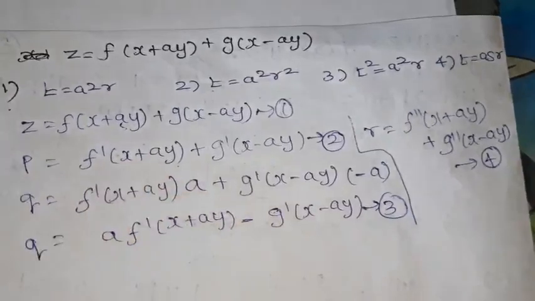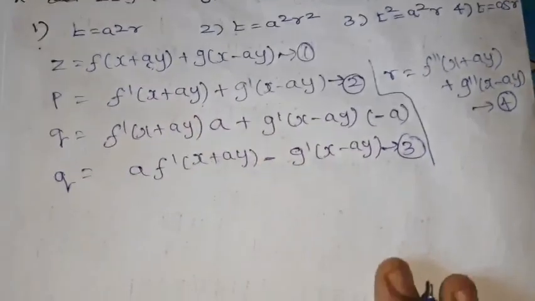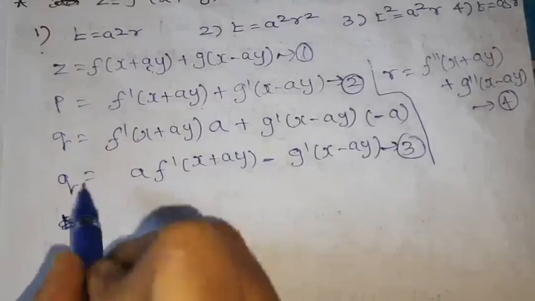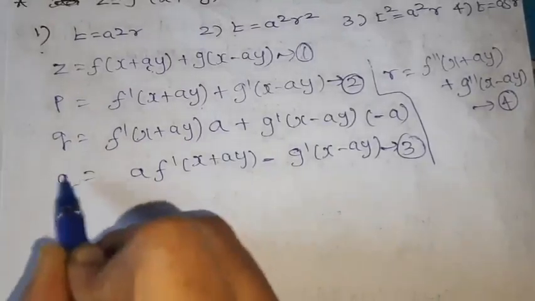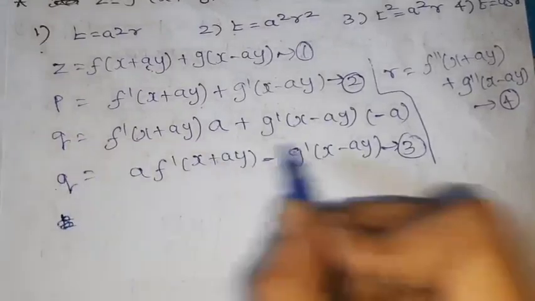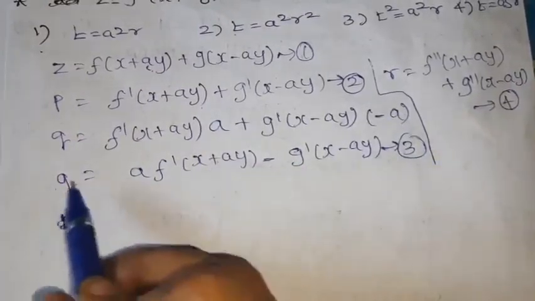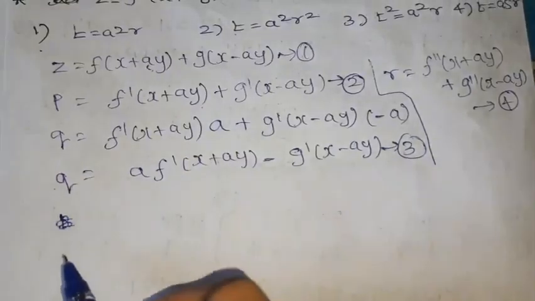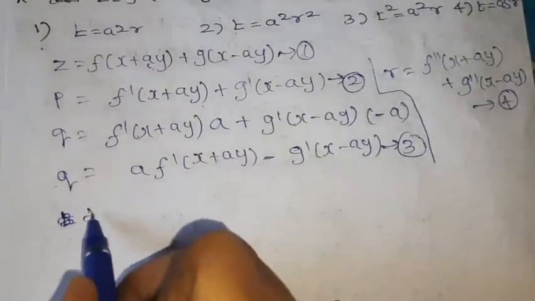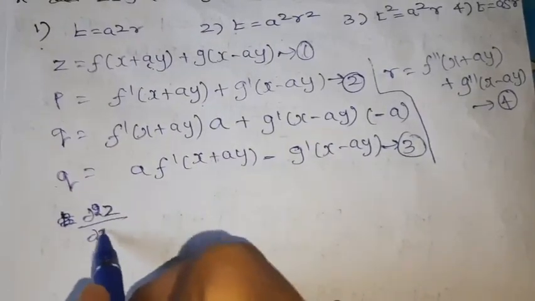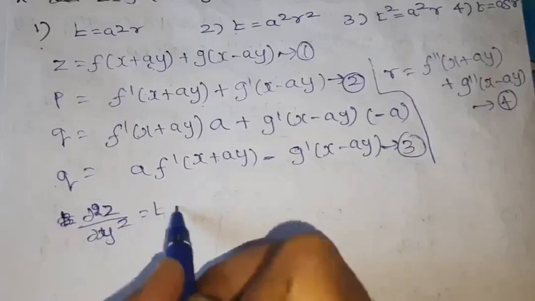Then what do we need to do? We need to differentiate this third equation with respect to y. This is ∂z/∂y. Partially differentiate equation 3 with respect to y. Again we differentiate with respect to y, ∂²z/∂y², which is nothing but t.